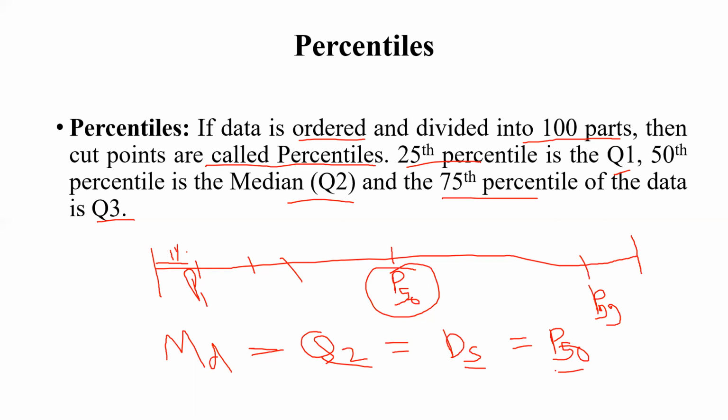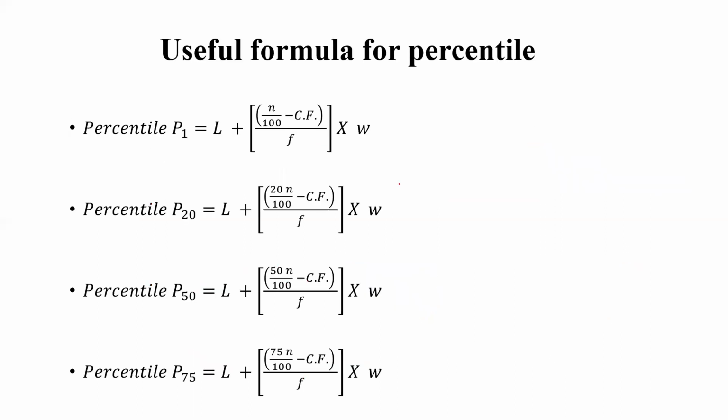But once we have grouped data and we are going to calculate the percentiles, we need to remember this formula. As we know, for the median of grouped data we use n by 2, for deciles n by 10, for quartiles n by 4, and for percentiles n by 100.